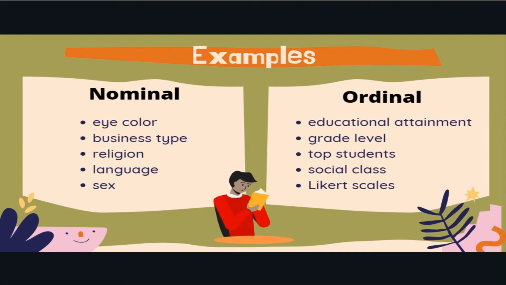Even though we can rank these from lowest to highest, the spacing between the values may not be the same across the levels of the variables. The distance between 3 and 4 is not the same with the distance between 1 and 2. Other examples are grade levels, social class, and top students.